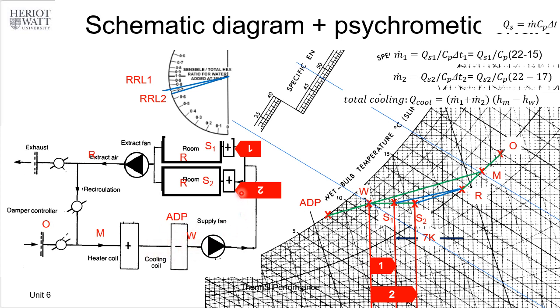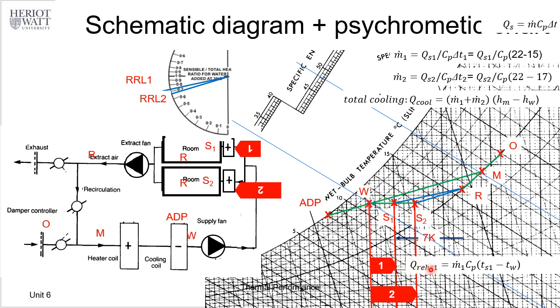Let's calculate the load at the reheater. The reheater is heating the temperature from TW to TS1, right? And the mass flow rate is here, M dot 1. So M dot 1 multiplied by specific heat, multiplied by the temperature difference from the supply minus TW.